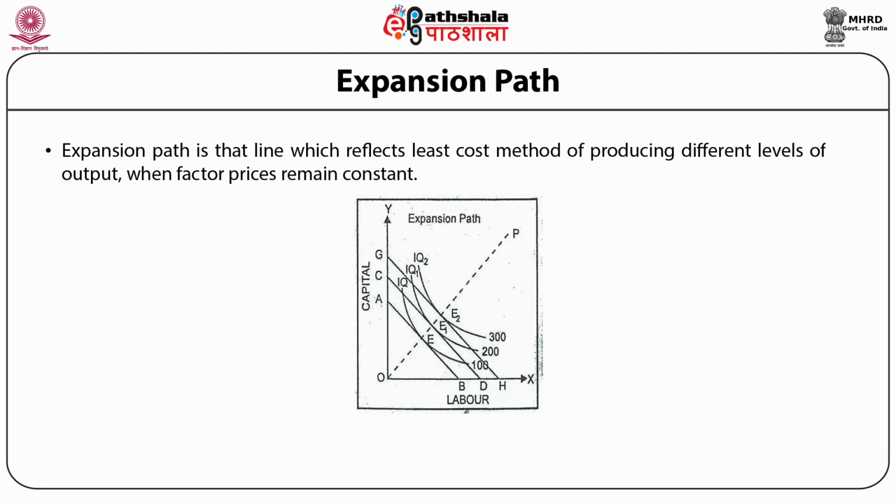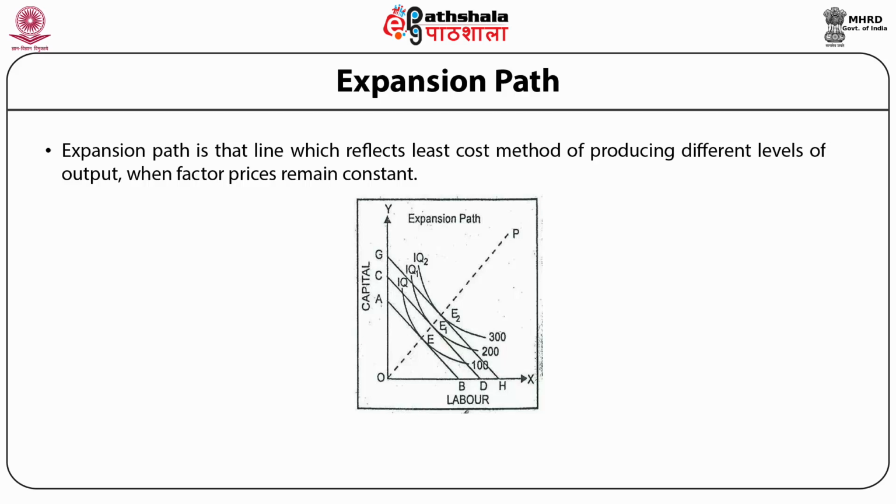The new isocost line CD will be parallel to the initial isocost line AB and touches the higher isoquant IQ1 at point E1, which is the new equilibrium point.